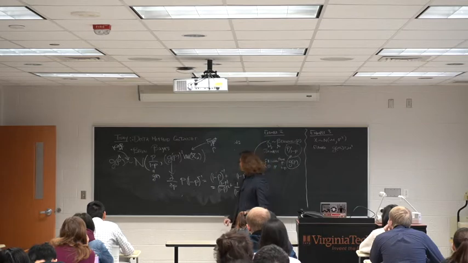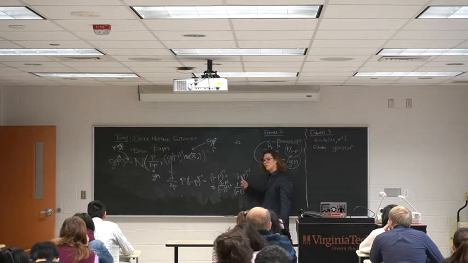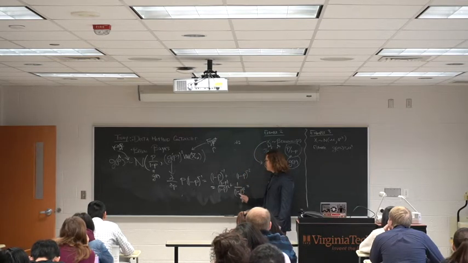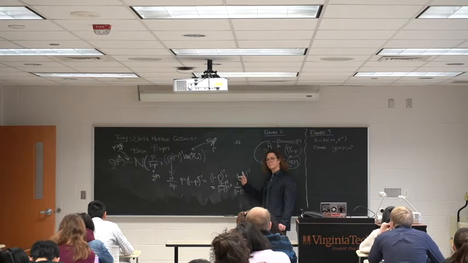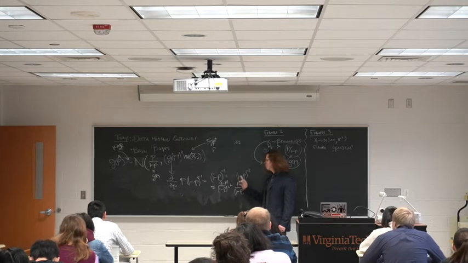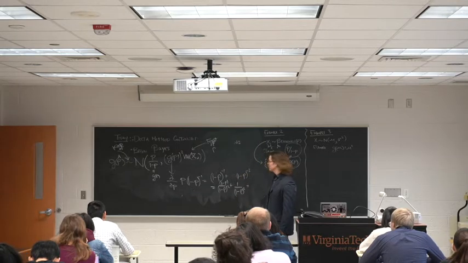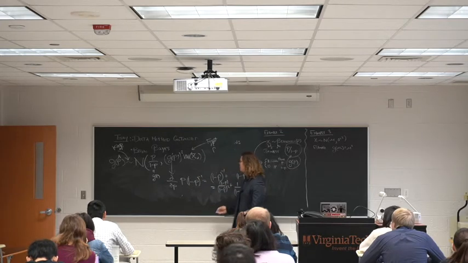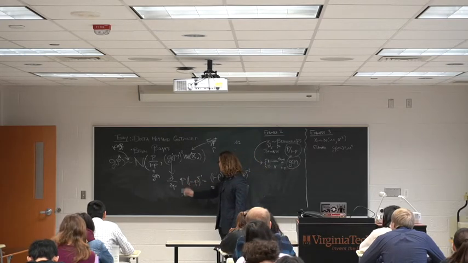Second term should be p over 1 minus p. Second term. So this thing right here, let's just back up. I ended up with minus 1.